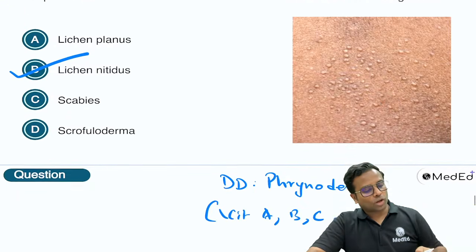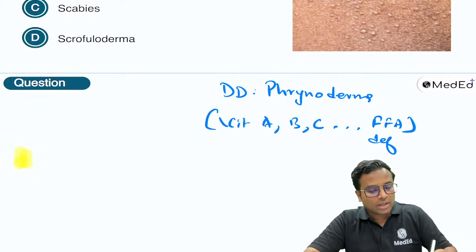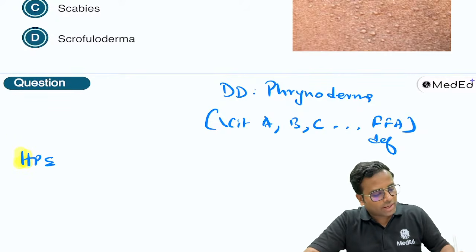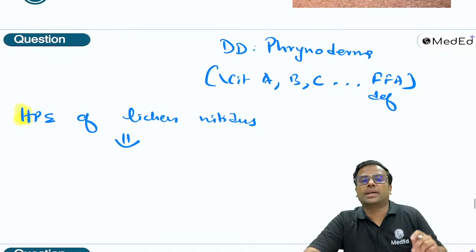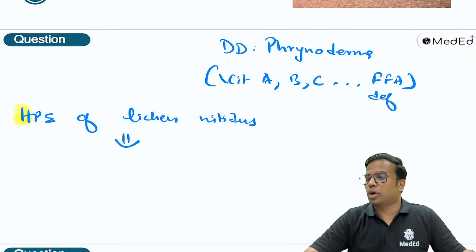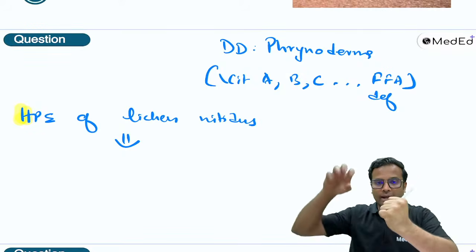When I talk about lichen nitidus, let me also write down the histopathological finding, because this condition has a very typical histopathological finding. It looks something like this. Imagine it's a ball and it is my claw.